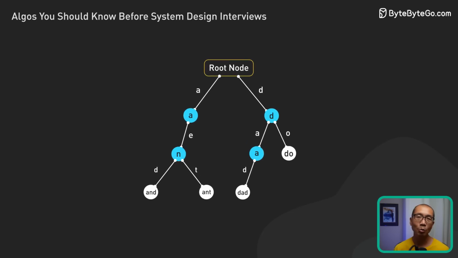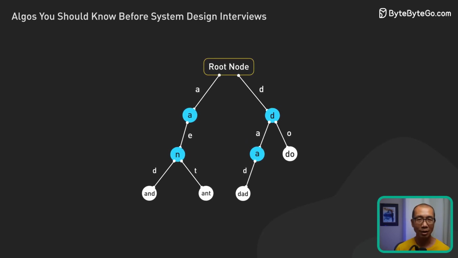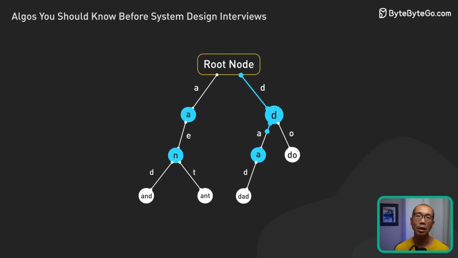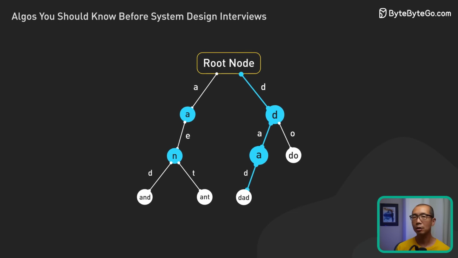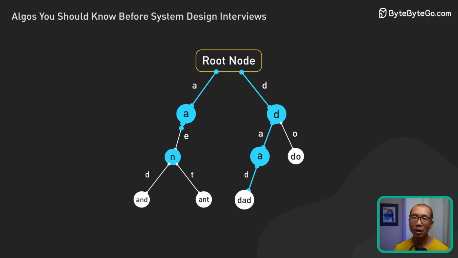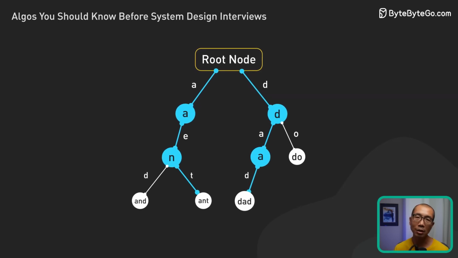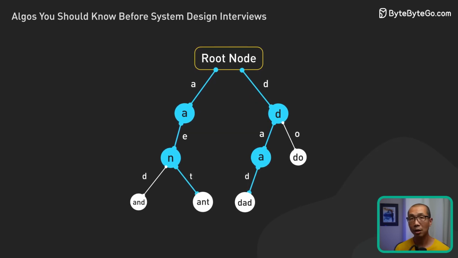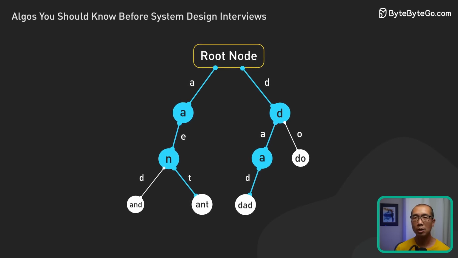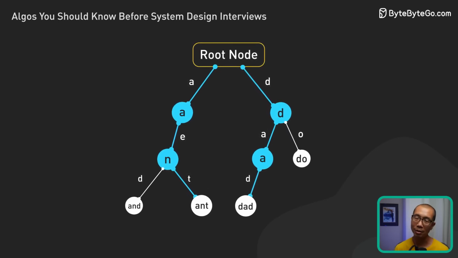With tries, we don't need to sift through every entry. Instead, the search elegantly progresses through the tree, moving character by character, following branches that match the search term. This makes operations like autocomplete in search engines or text editors lightning fast. Way faster than with structures like hash tables or arrays.